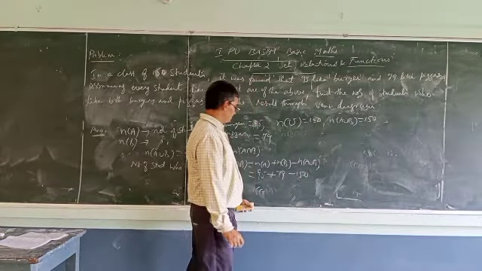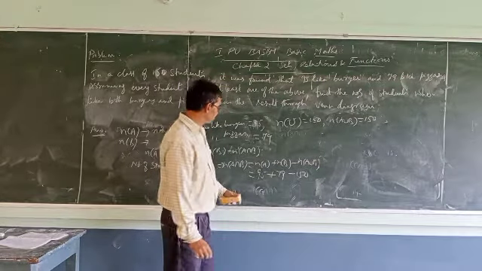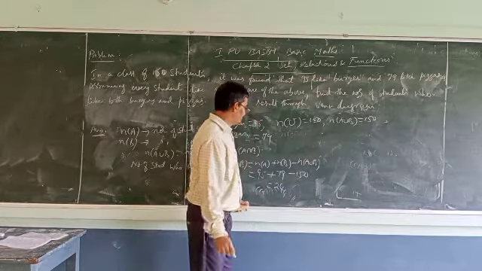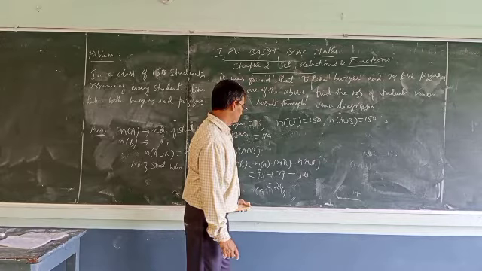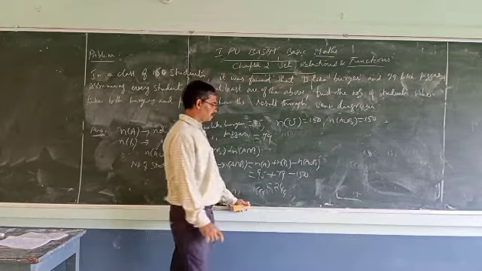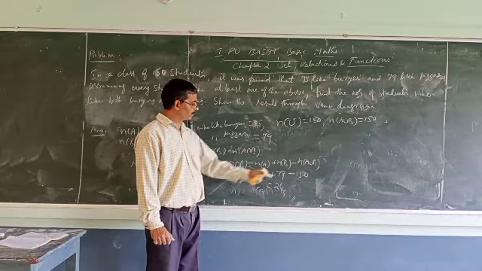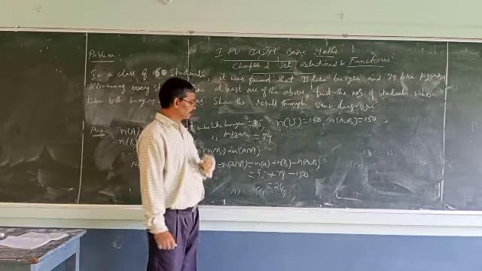So calculate: 95 plus 79 is 174, minus 150, equal to 24. So these are the number of students who like both.